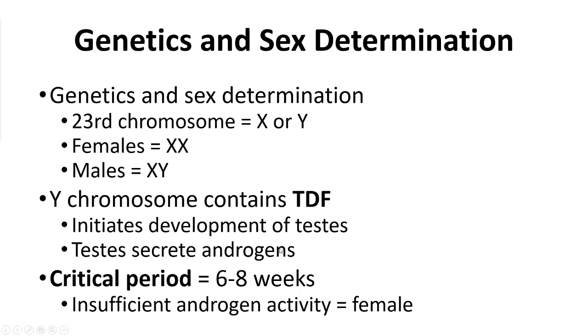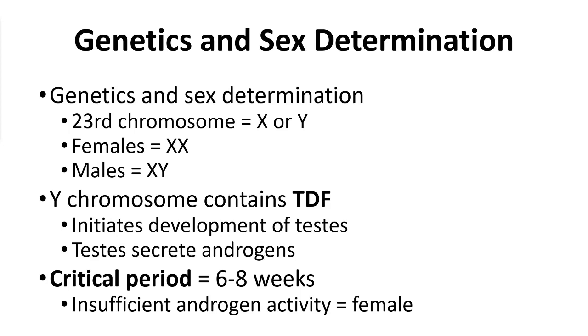So during a critical period, in that 6 to 8 weeks post-conception phase, during that embryonic stage, there's a period in which, if there is a Y chromosome, this TDF gene should trigger the production of androgens so that male characteristics develop.